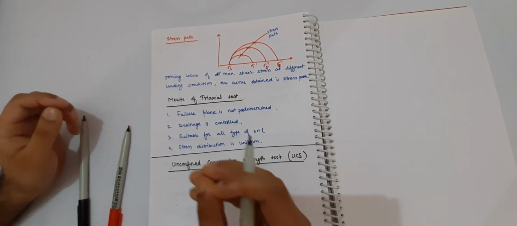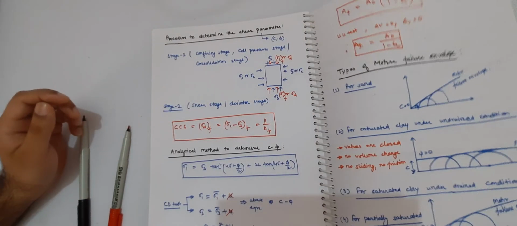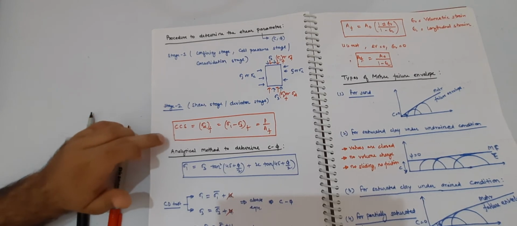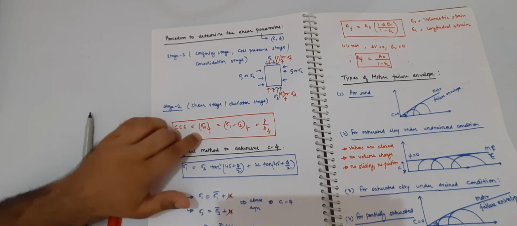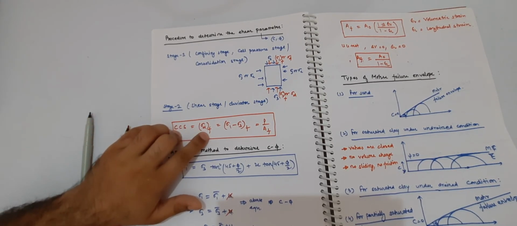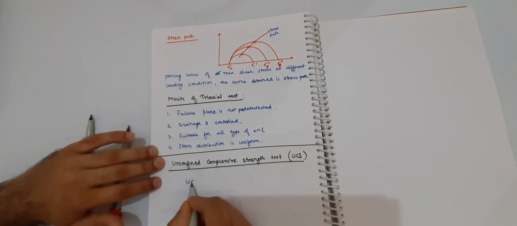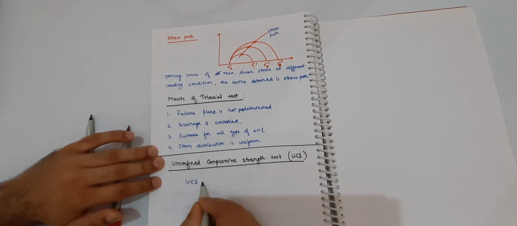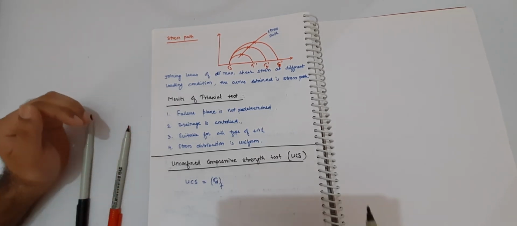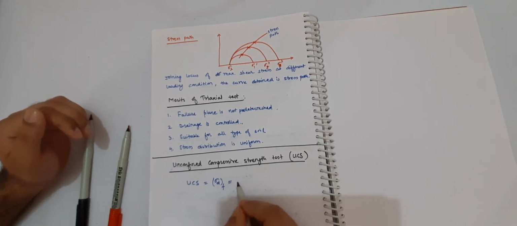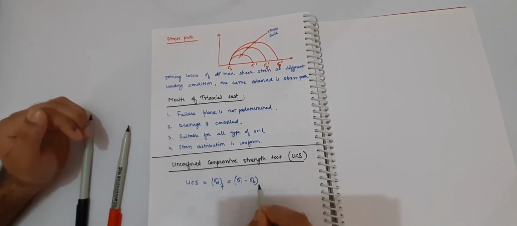Here we get the unconfined compressive stress value, which is determined by the deviatoric stress at failure, sigma 1 minus sigma 3 at failure.